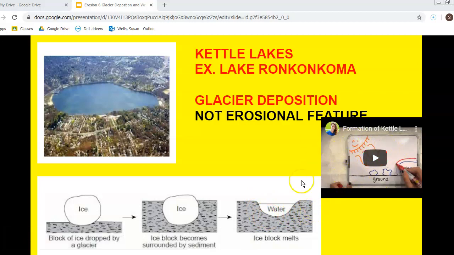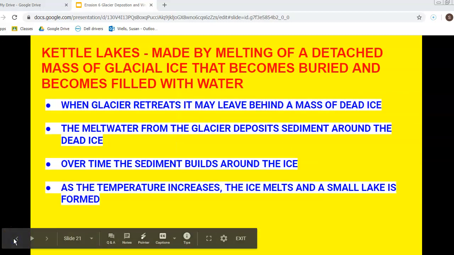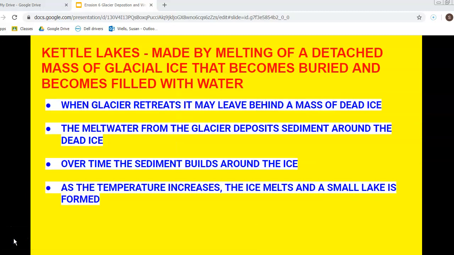Please watch this little slideshow. So these are the steps in forming a kettle lake, because when it leaves behind that mass of dead ice, the meltwater deposits the sediment around it. Over time, the sediment builds up, and as the temperature increases, the ice melts and a small lake is formed.